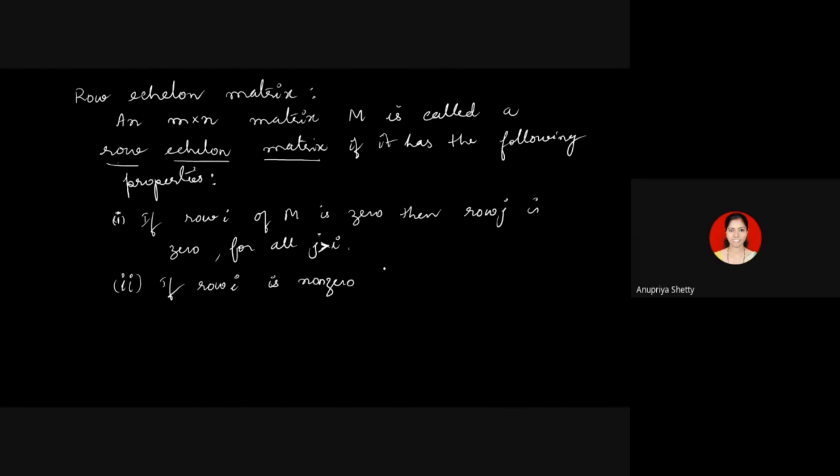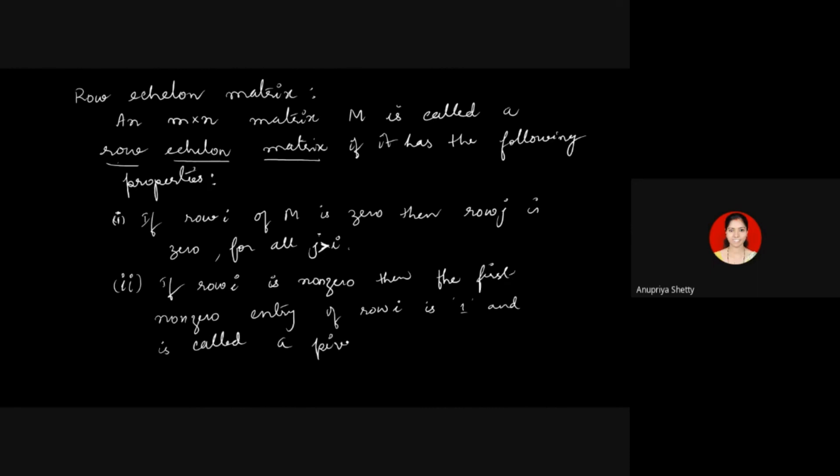If row I is non-zero, then definitely there is one non-zero entry there. Then the first non-zero entry of row I is 1. It should be the integer 1 and is called a pivot.